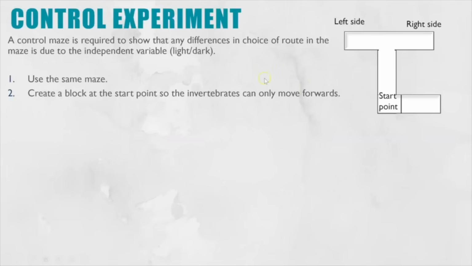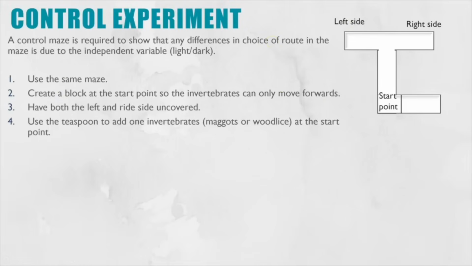And the point of a control experiment is to show that any differences that you see are just due to the independent variable. So in this case, to be able to prove that it is just the dark and light that is causing any differences that we see, we'll use the same maze, put the block in, but this time both sides are uncovered, so there is not a dark option.